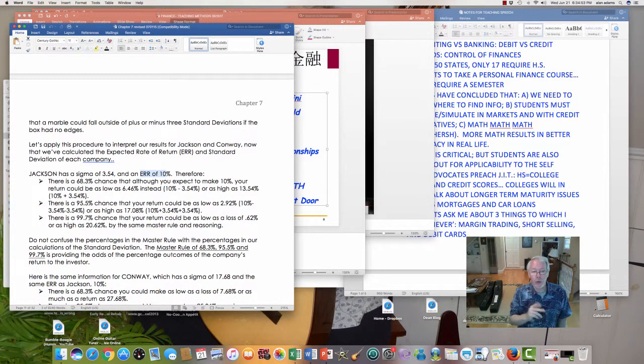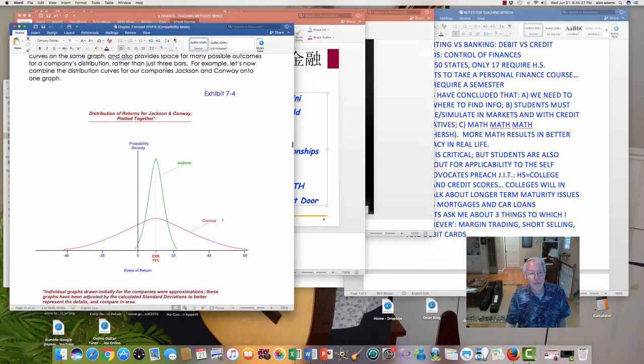Plus or minus 2 sigmas means there's a 95.5% chance your return could be as low as 2.92% or as high as 17.08%. So once again, instead of 3 bars, like we saw when we started, those 3 bars were turned into a bell-shaped curve under which all of these possibilities could fall. Study this carefully for me, friends.